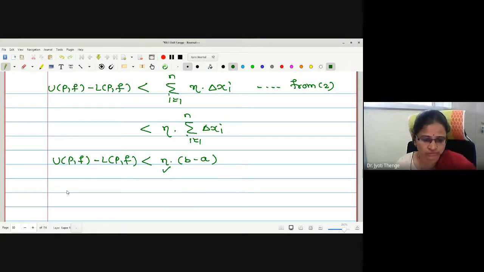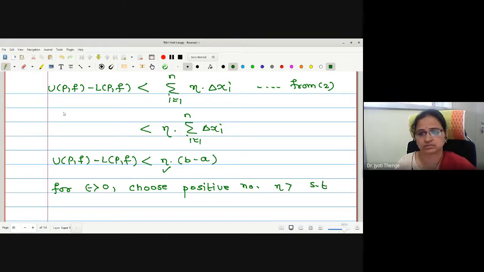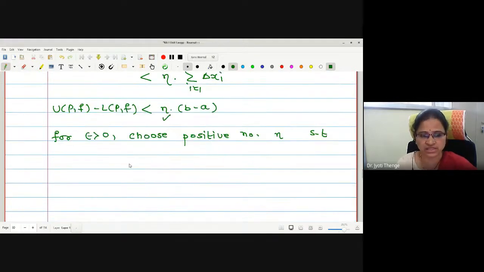Therefore, here I will write: for epsilon greater than 0, choose a positive number eta such that eta into b minus a is less than epsilon.